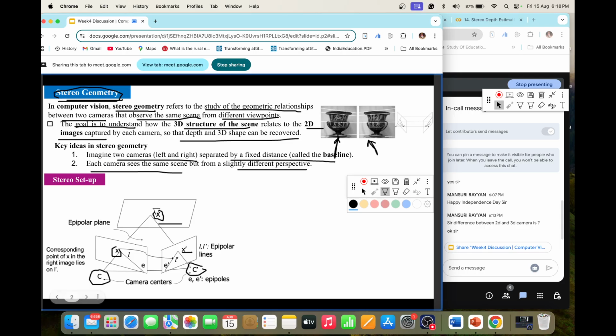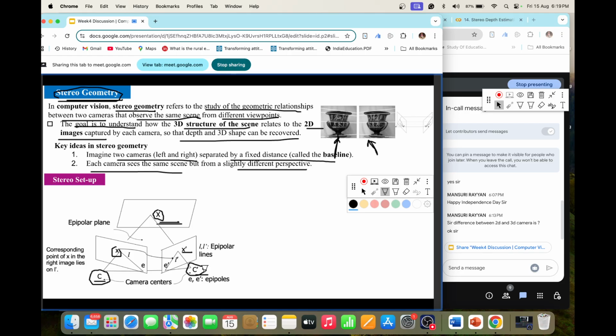Now the plane on which all three coordinates lie: one, the main scene point; second, the left camera center; and third, the right camera center. This plane is known as the epipolar plane. You can see by this triangle, the plane joining the scene point, the left camera center and the right camera center is known as the epipolar plane.